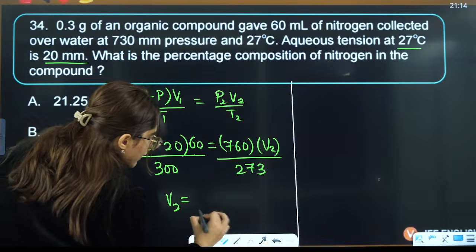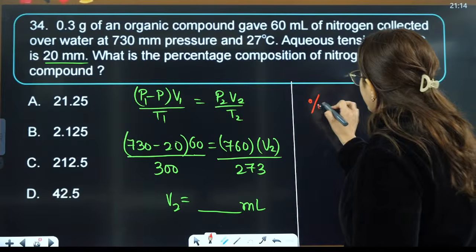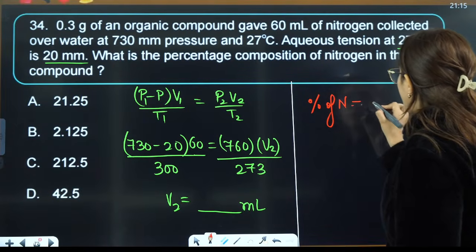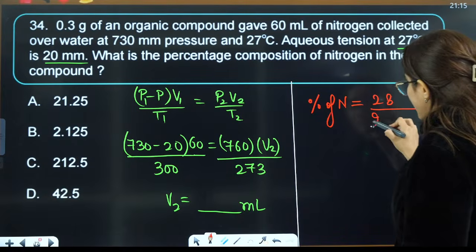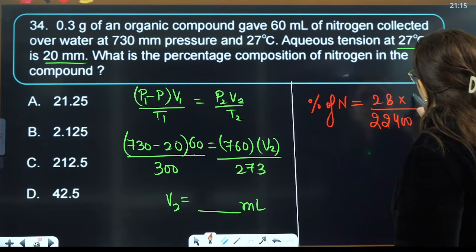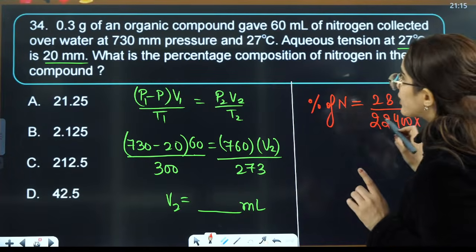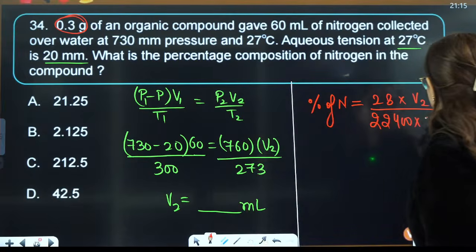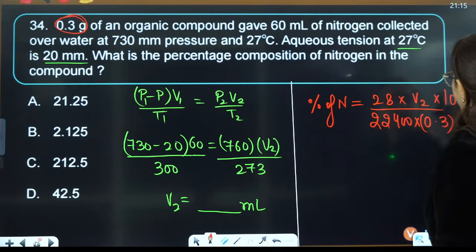So you will calculate the value of V2 in milliliters and then simply put the value here in the percentage of nitrogen formula. Simply put the value of nitrogen here, that is 28 in milliliters, and 22400. And this is V2 that you have solved here. You will put it here. Weight of the organic compound given here is 0.3 gram, and this will be multiplied by 100.